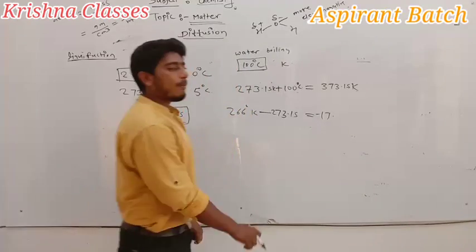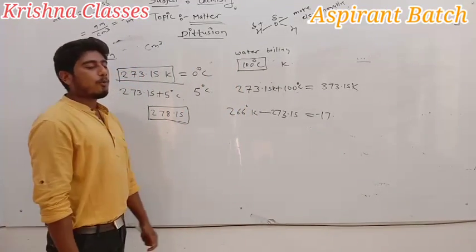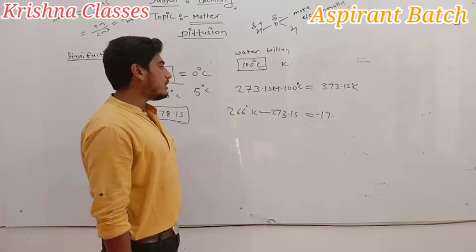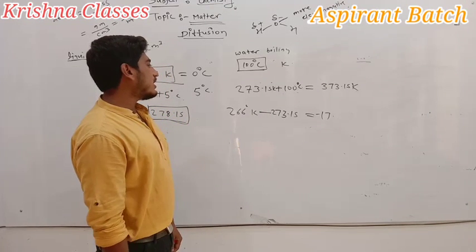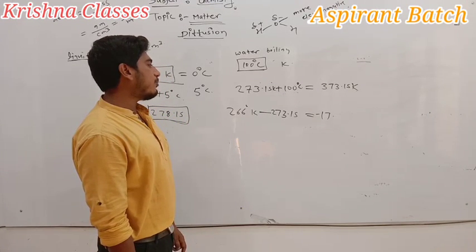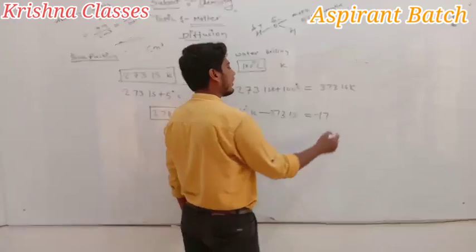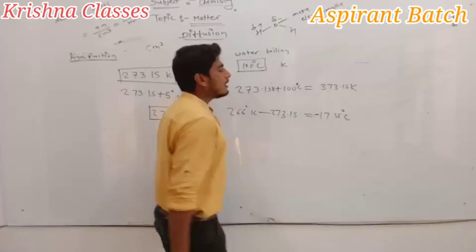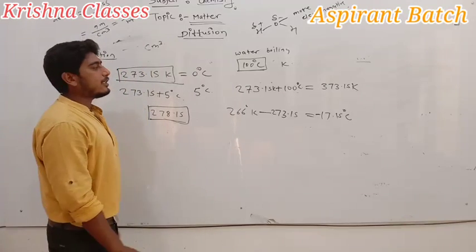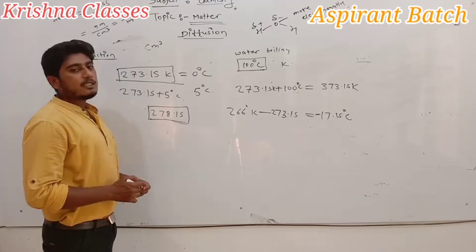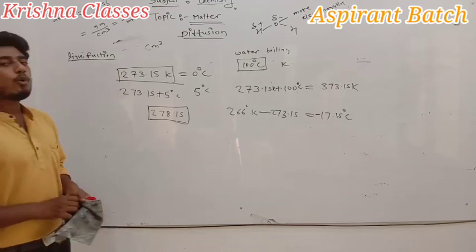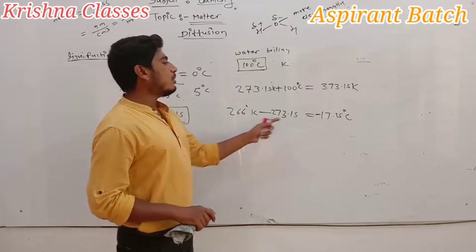You have to put a minus sign in this conversion: 266 minus 273.15, which is equal to minus 7.15 degrees Celsius. This is the general conversion method of degree Celsius into Kelvin and Kelvin into degree Celsius.